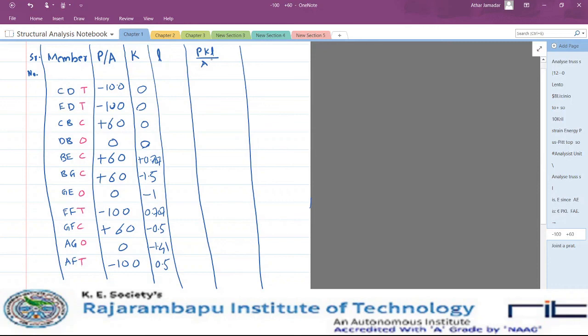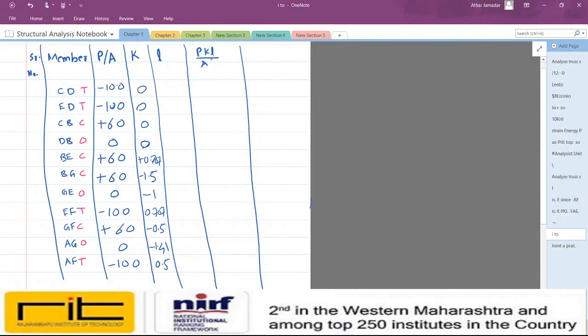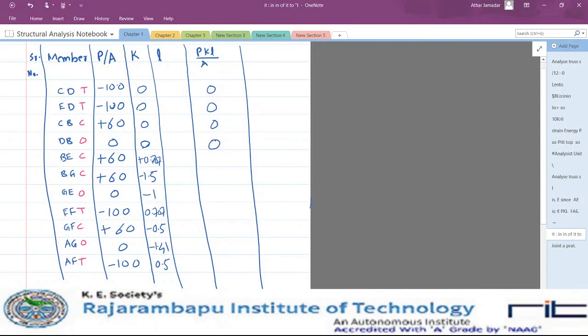After solving this, or after finding out the member length L, I will not write it here, I will directly write down PKL by AE. So for CD it is, now here I am only calculating PKL by A. E I will directly divide at the last moment.